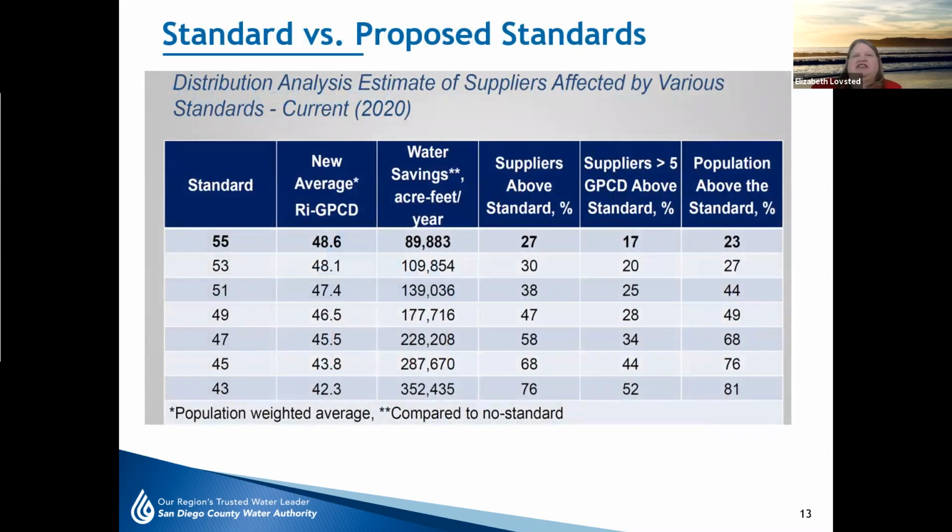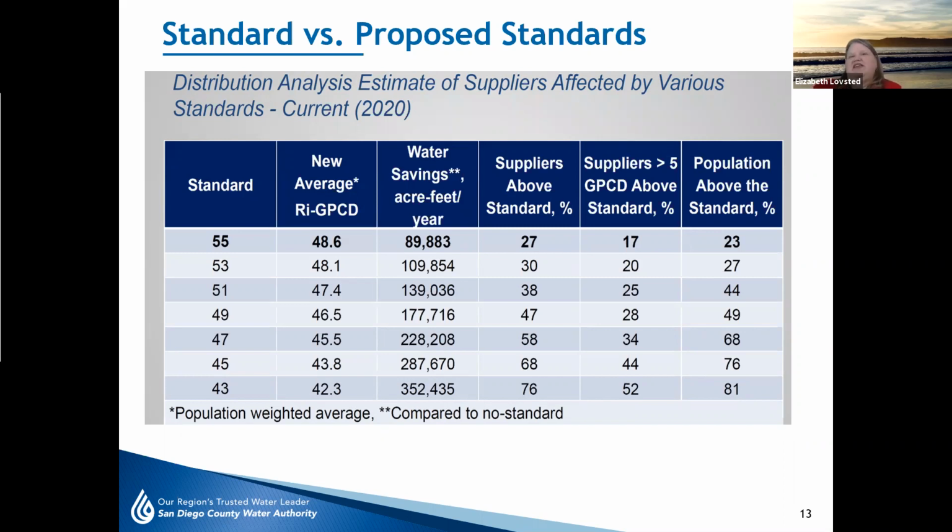Again, here's where the current standards are now, and where the proposed standards would be. So if you kept it at the 50 gallons per capita per day right here, you'd probably be saving about 150 acre feet per year. If you go down to 42, they're estimating you're saving 350,000 acre feet per year. But what they haven't figured out is what's the cost of that additional savings.